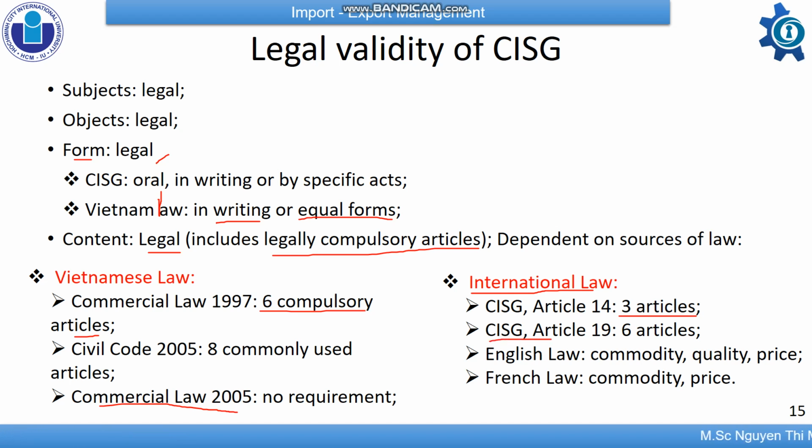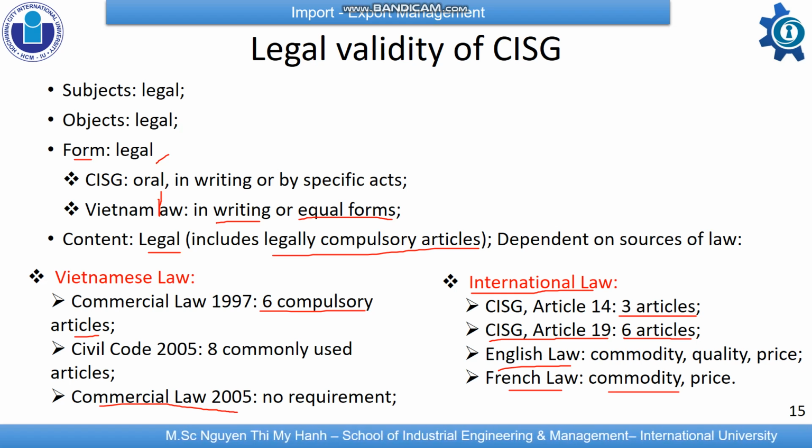However, in Article 19, they require us to have 6 compulsory articles. If we follow English law, we need to have 3 compulsory articles, that is commodity, quality, and price. However, in French law, we only need 2 compulsory articles, that is commodity and price.